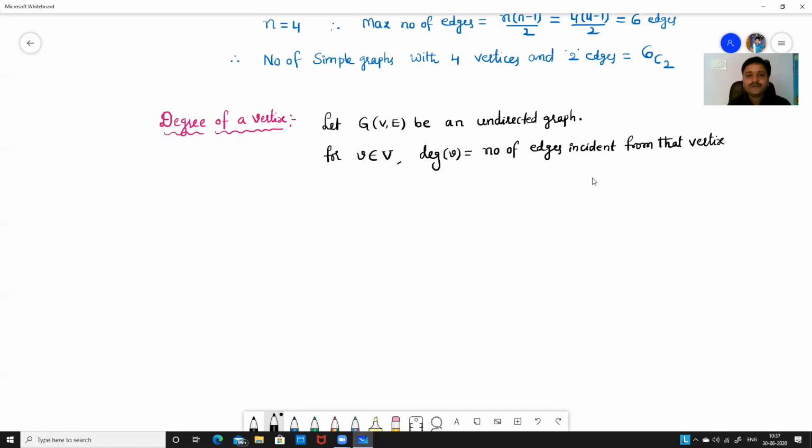Number of edges incident from that vertex. Okay. This is the definition of degree of a vertex in an undirected graph. Let me take a simple example to get a clear idea.